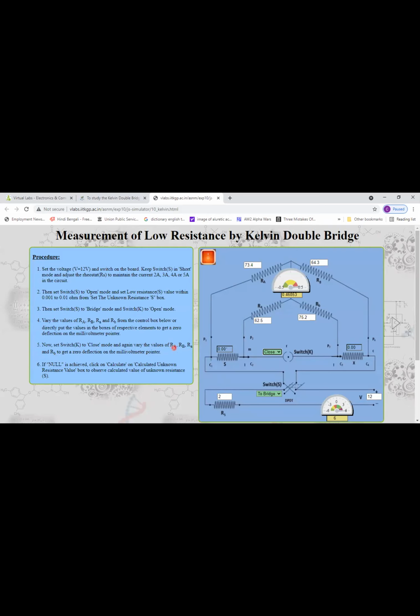Actually this is the capital P, Q, and this is the small p, small q, to get the zero deflection on the multi voltmeter. If null is achieved, click on calculate, and calculate only in this closed mode.